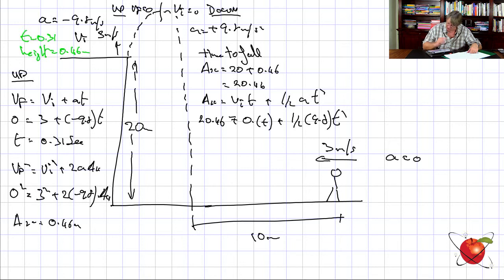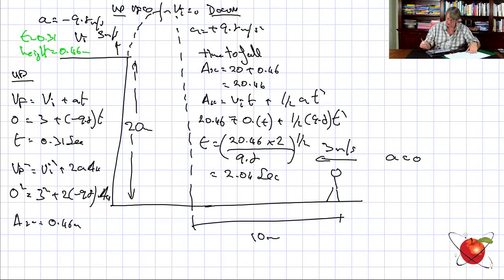Okay, it's going to be equal to that. So therefore, t is going to be 20.46 times 2 divided by 9.8, which is going to be 2.04 seconds, because I must take the square root of that.